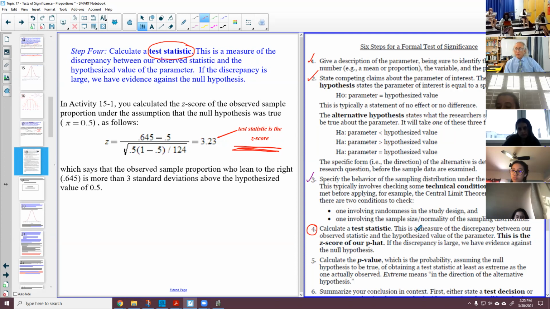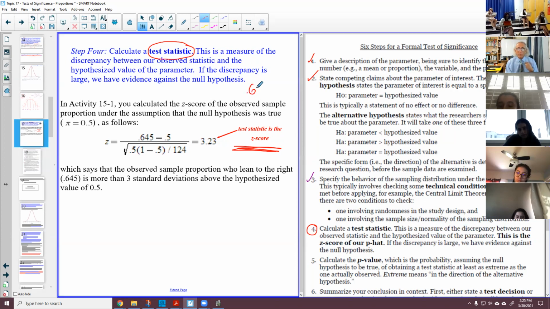The test statistic is a measure of the discrepancy between our observed statistic, which was 0.645, that was our p hat, and the hypothesized parameter. So I'm trying to find out how far away what I observed is from the parameter in my null hypothesis.